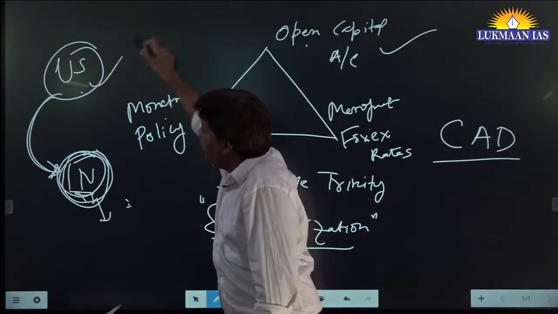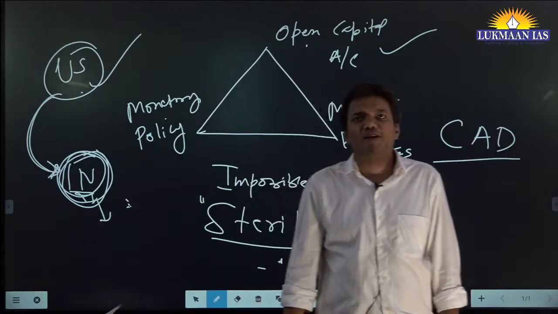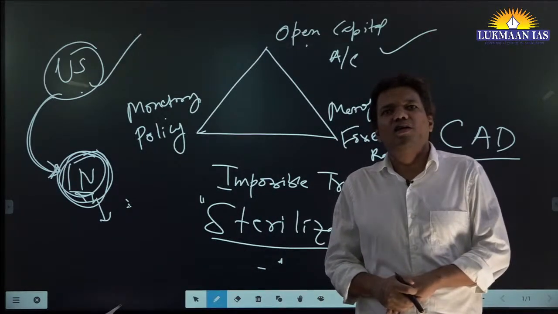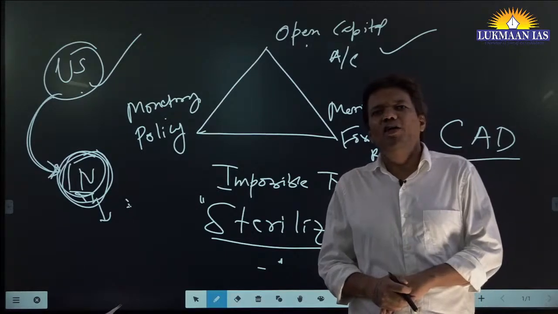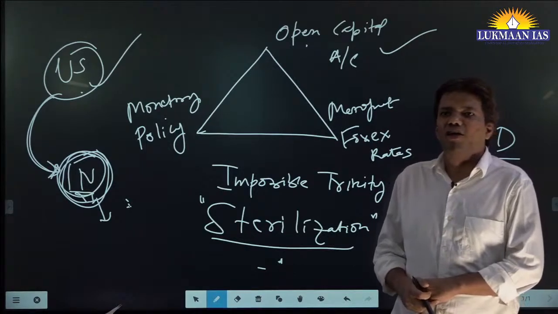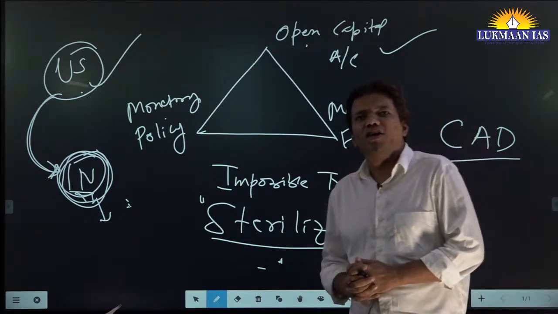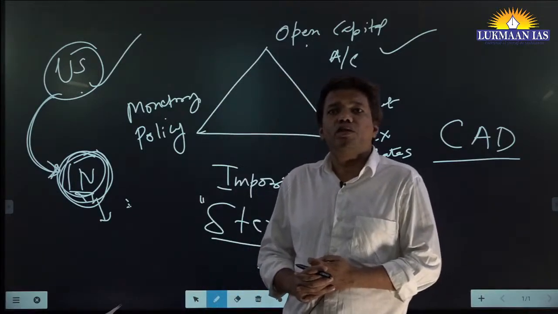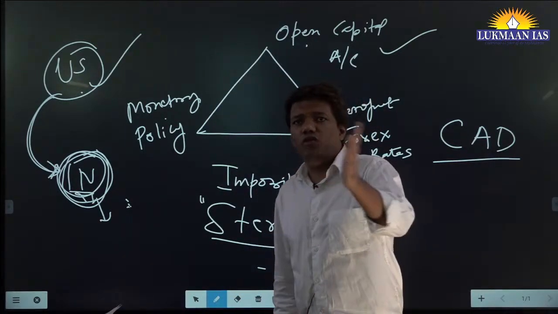What signal will it send to the US investor? What will the US investor observe? Any idea? Will he invest more or invest less? Anyone? Chirag, Subhashis? If you guys have any question, invest more.